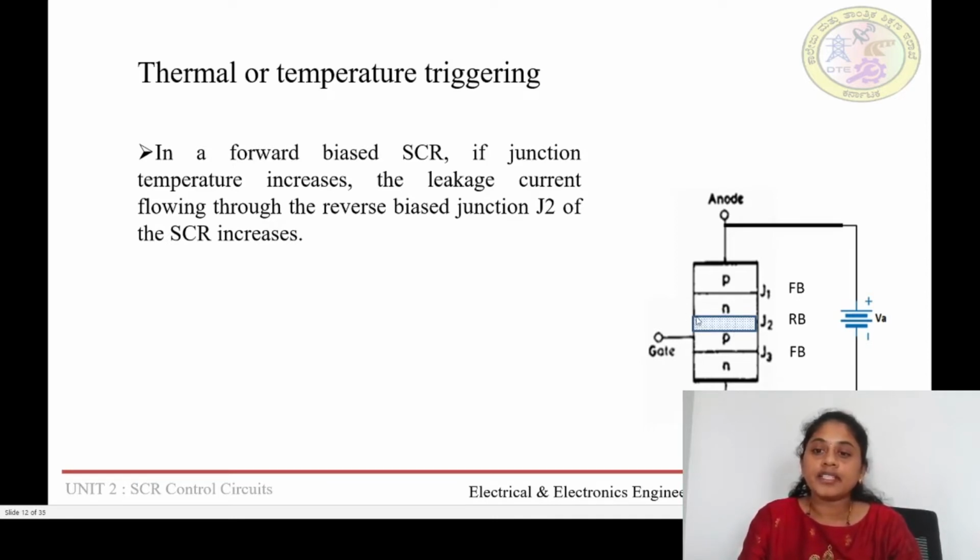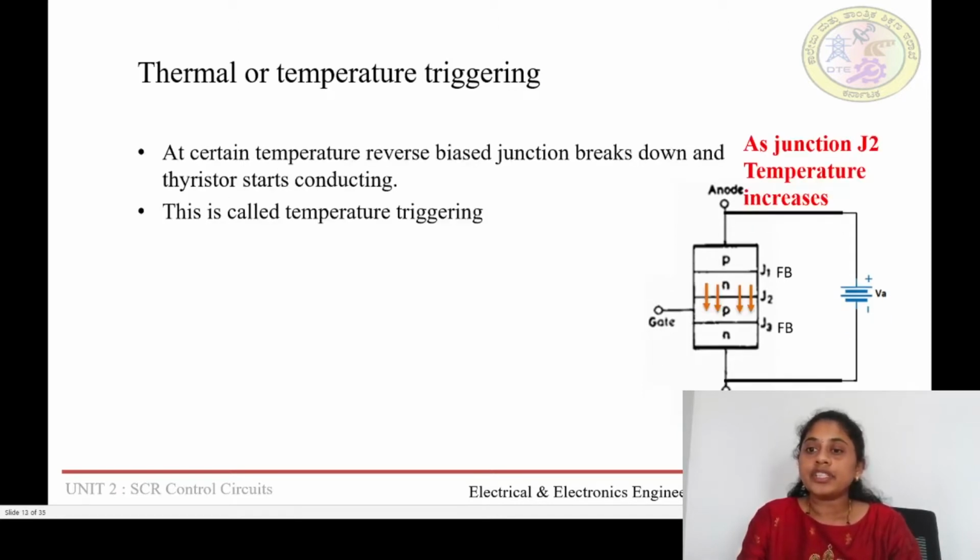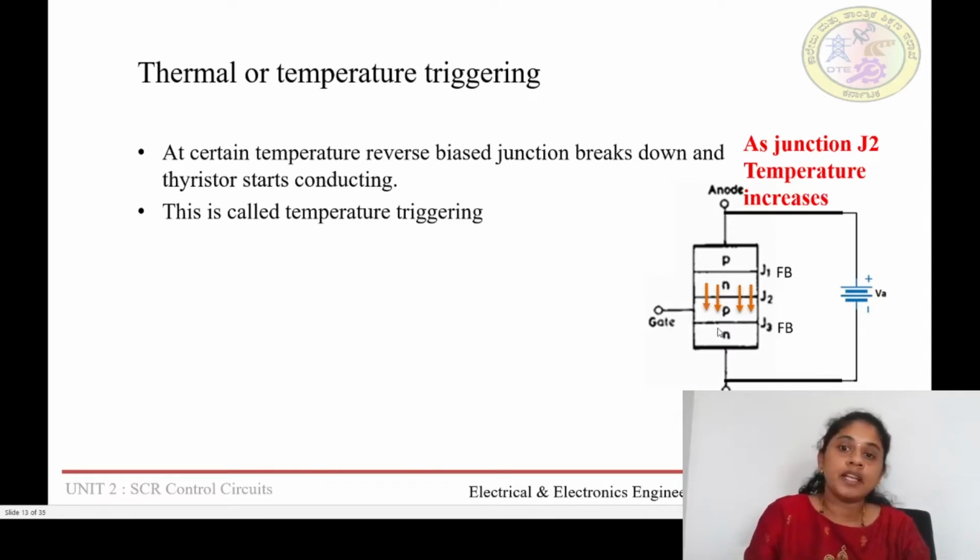With further increase in the junction temperature, the depletion layer thickness keeps on reducing. If the temperature of junction J2 is increased further, the junction J2 breaks down and current starts flowing from anode to cathode. Thus, the SCR is said to be turned on, and this method is known as temperature or thermal triggering.